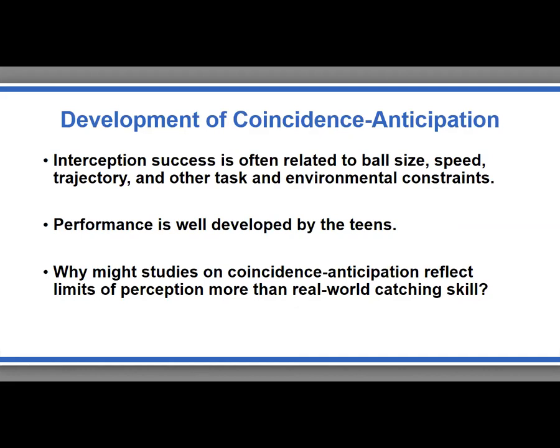Why might studies on coincidence anticipation reflect the limits of perception more than real world catching skills? When you're doing studies, you have to do things consistently, right? So it's like, okay, we're going to do these four types of catches, and you can randomize the different catches, like the ball's going to be high, low, whatever. But in real world catching, there's usually opponents, right?